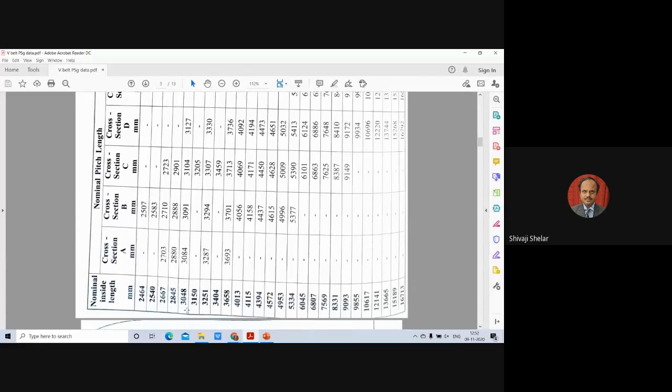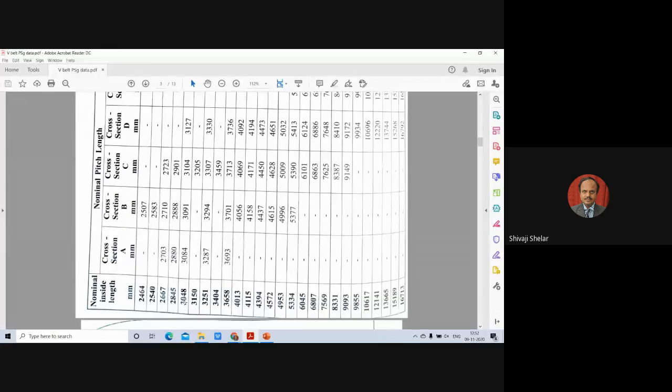Please remember, the nominal inside length becomes the designation. So for section C having 3104 pitch length, 3048 is the designation of that belt.